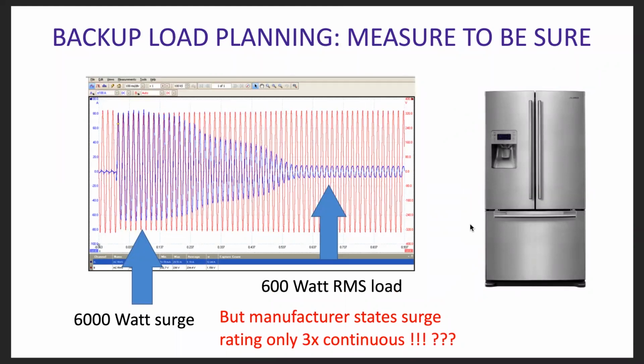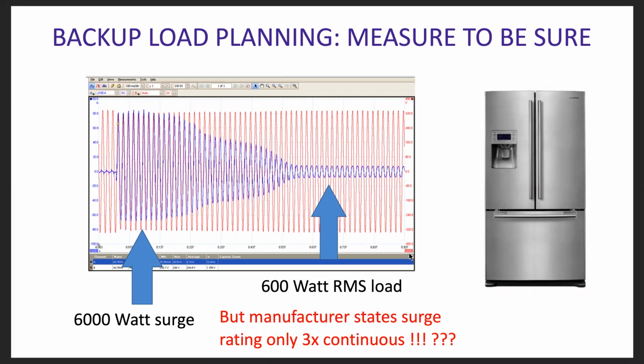You've got to measure it to be sure what the characteristics are when it goes through its cycles of inrush to base level load. You can find out what the anticipated or approximate requirements are if you look at the manufacturer's nameplate for that rating, but unless you measure it, you really can't be sure.